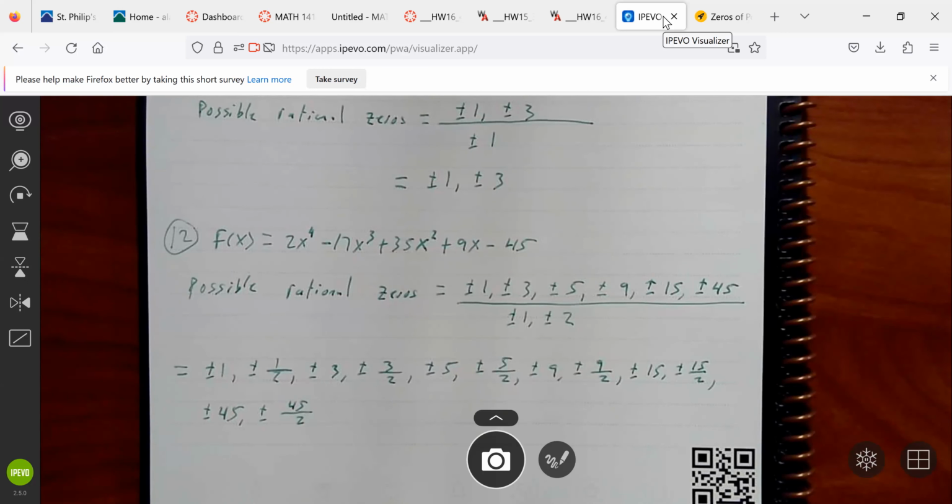All right, let's start the next one. On the next one, we're going to create the list and then just cycle through until we find one that works. Which can be annoying, but.